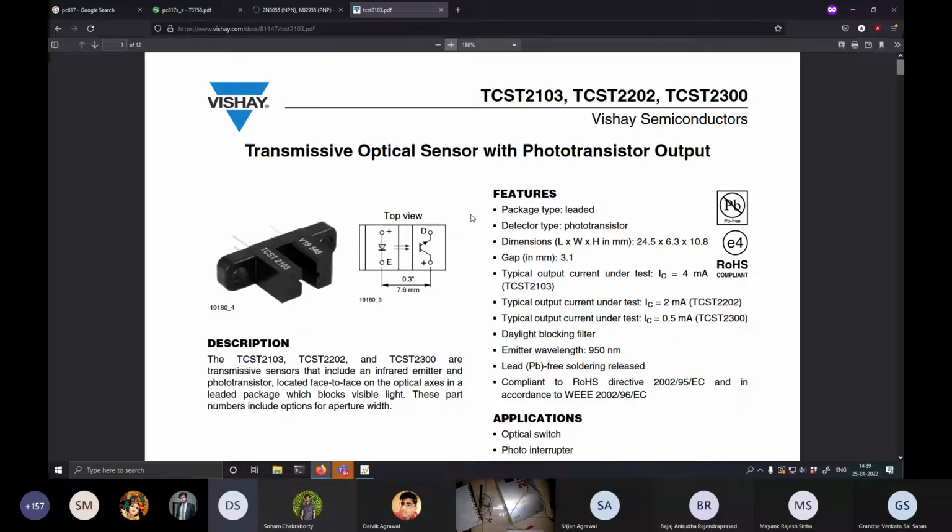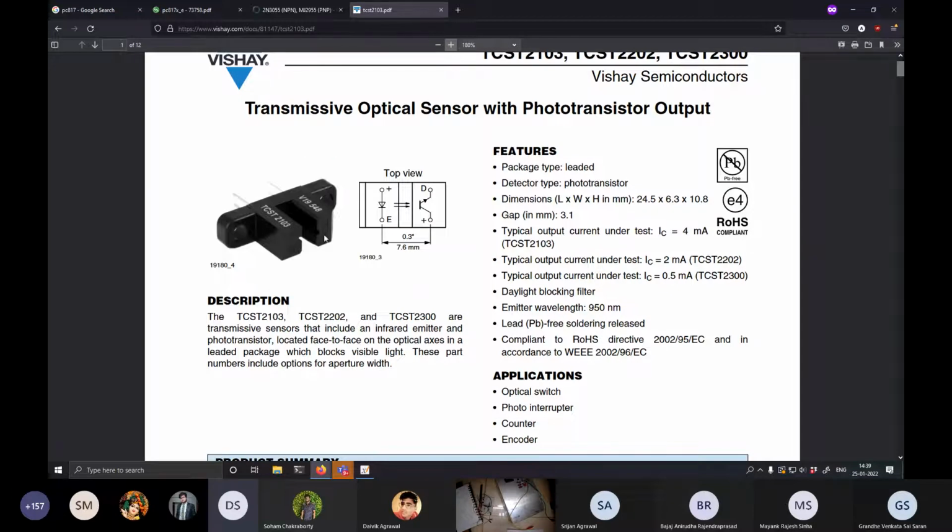If you look at the diagram, let's see what it consists of. It consists of a plastic base with two limbs. The first limb has TCST 2103 written on it, that is the component name. The second limb has V19548 written on it. I don't know what this number specifies, but it helps in distinguishing the two legs.